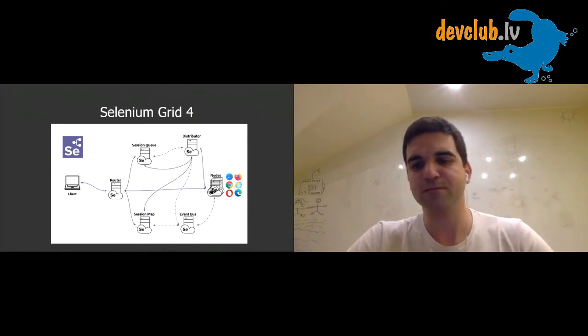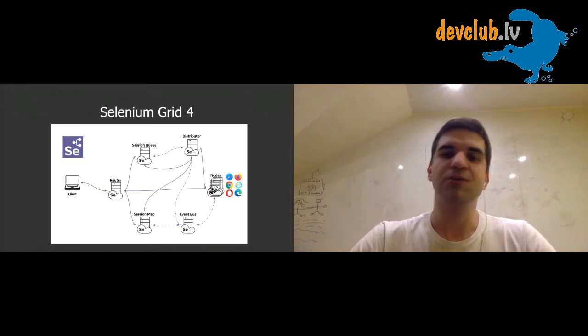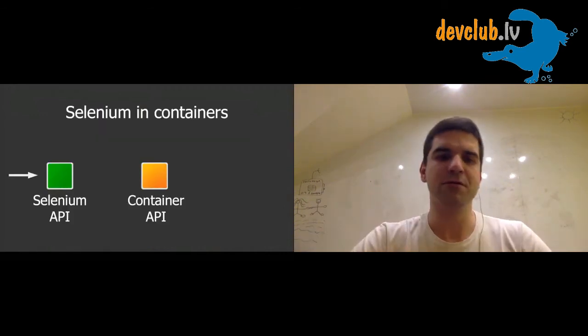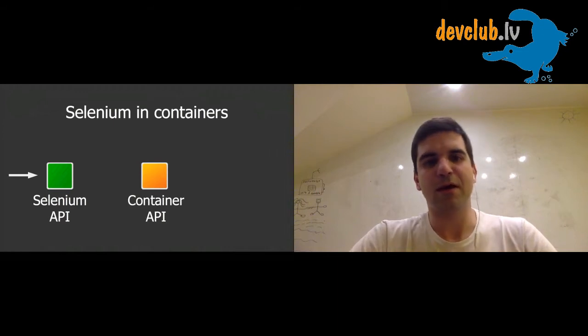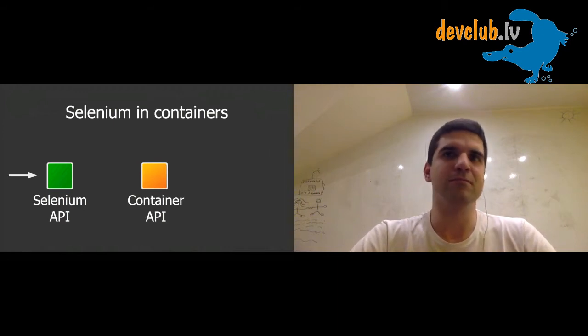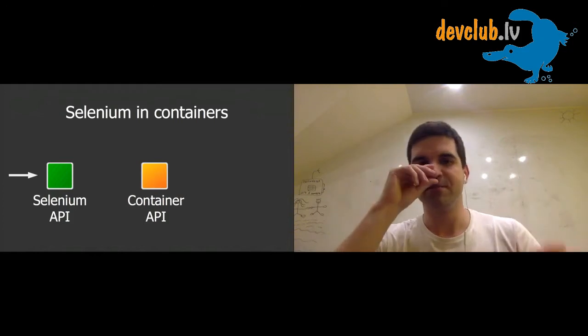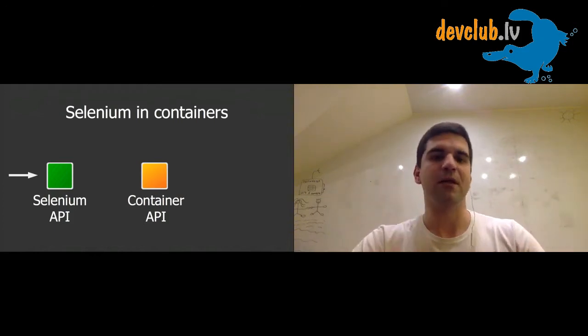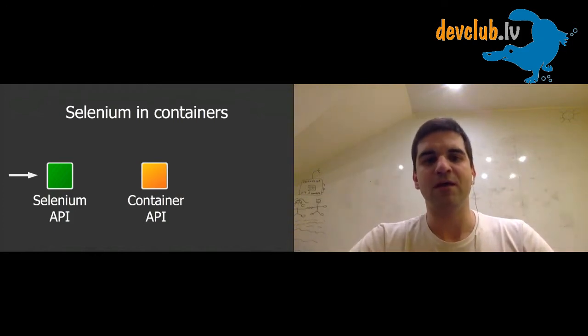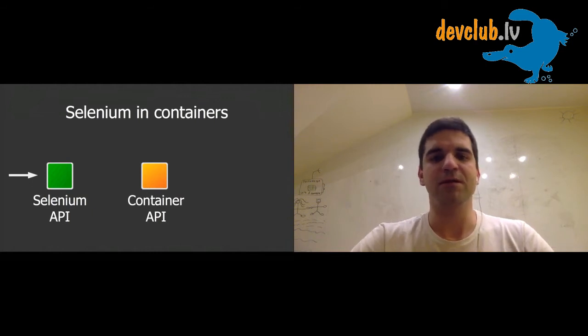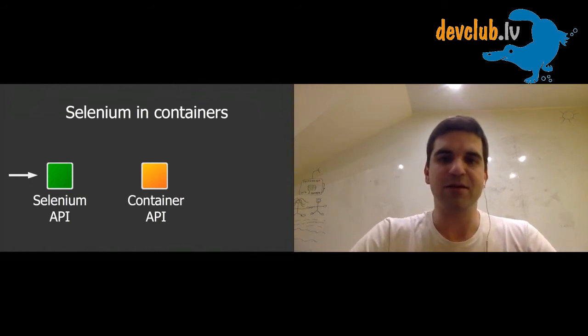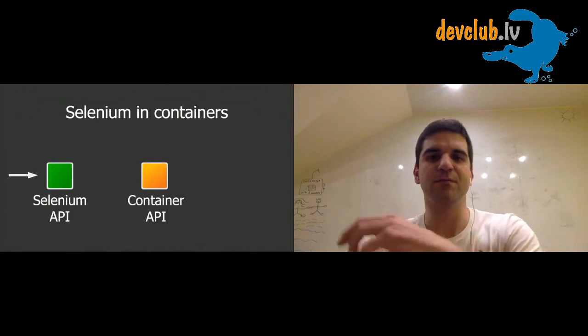Don't do it like this. A truly easy to deploy solution should be a single box, a single black box, also deployed in a container. And this black box should use some container API to launch containers with browsers.